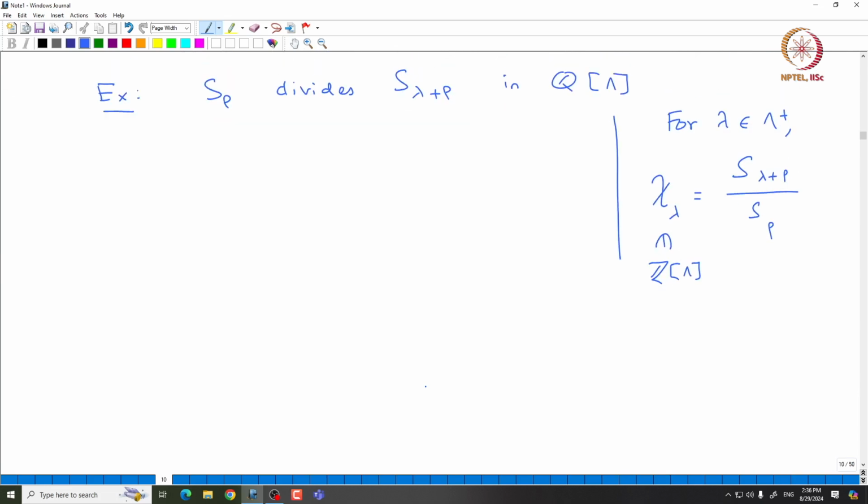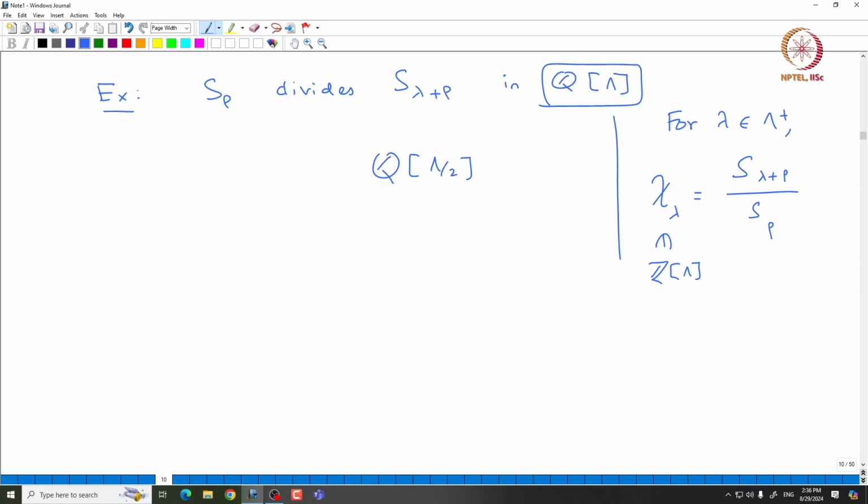Now, I will tell you how to prove that S rho divides S lambda plus rho inside this Q bracket lambda. It is easy to work inside Q bracket lambda by 2, and it is not hard to prove that, because this is the group algebra corresponding to lambda by 2, and lambda by 2 is a lattice.